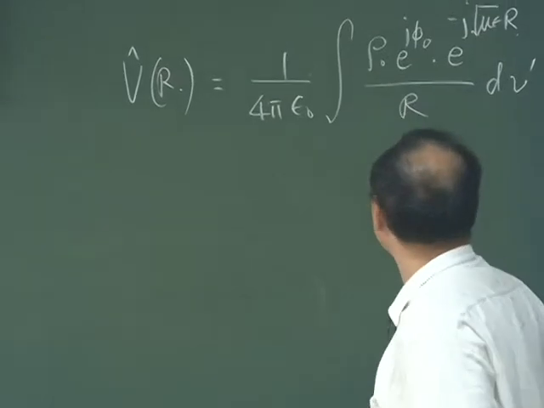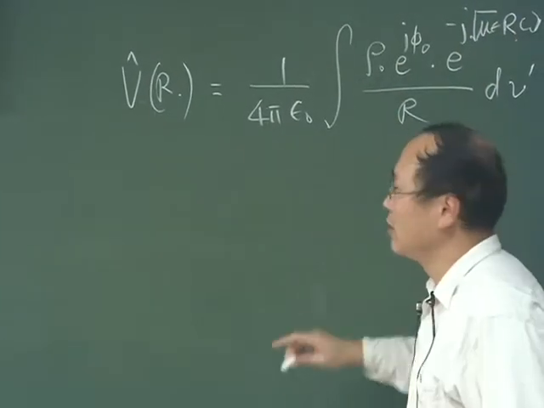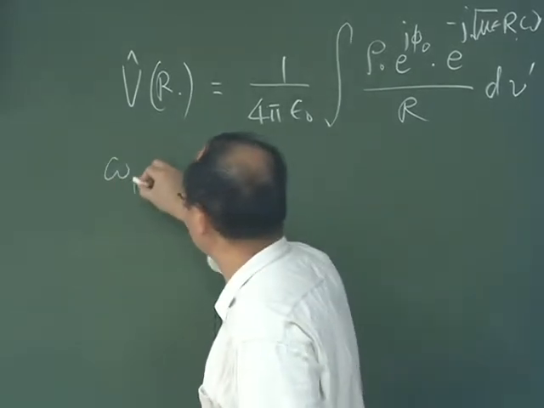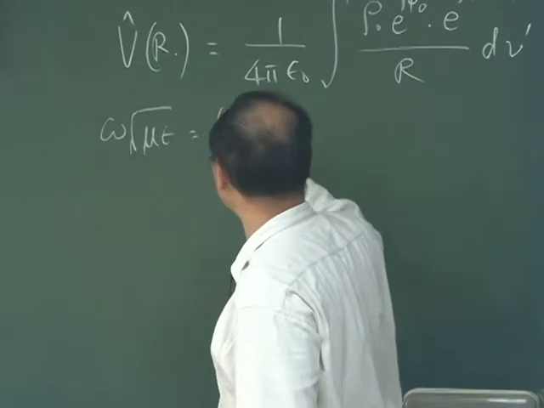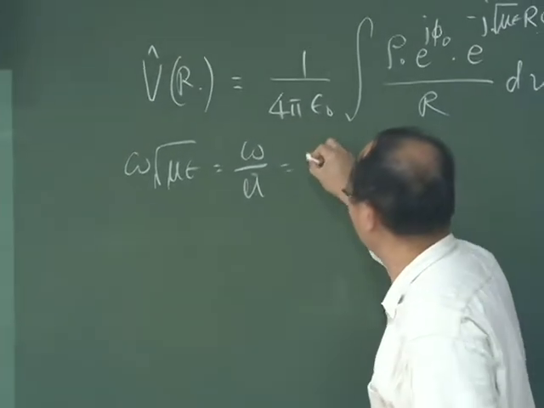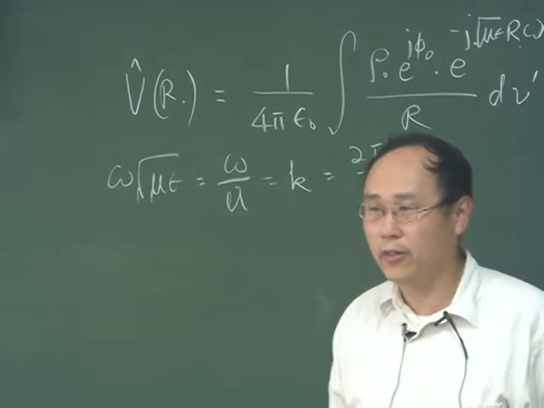And you recognize that you have an omega here. The omega square root mu epsilon is equal to omega over u, which is equal to k, which is equal to 2 pi over your wavelength.